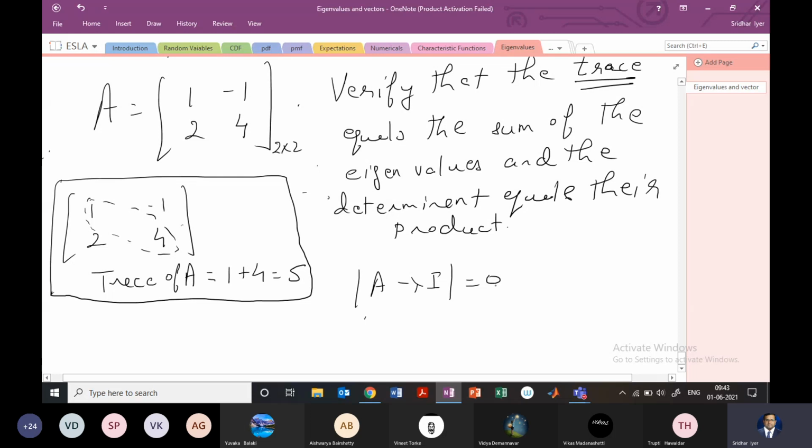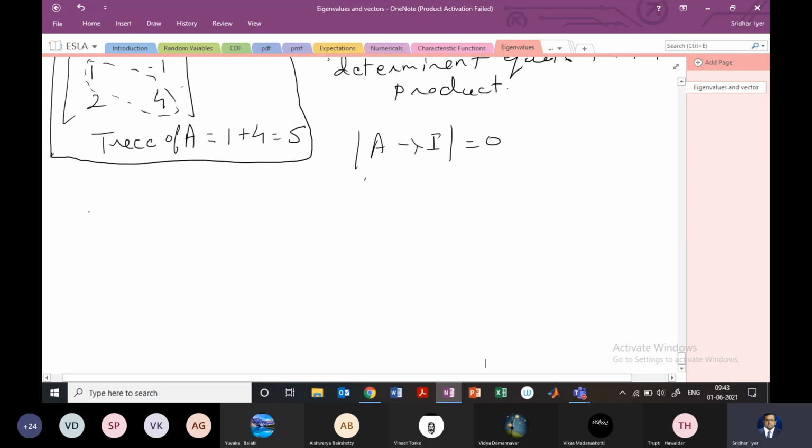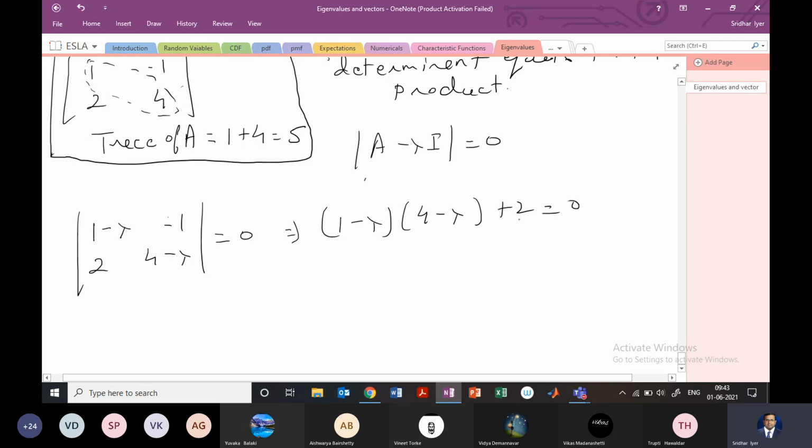So let me write this here, A minus lambda I. A minus lambda I will be the matrix 1 minus lambda, negative 1, 2, 4 minus lambda, and that determinant I'll equate to 0. So we'll have 1 minus lambda into 4 minus lambda plus 2 equal to 0. That gives 4 minus lambda minus 4 lambda plus lambda square plus 2 equal to 0.